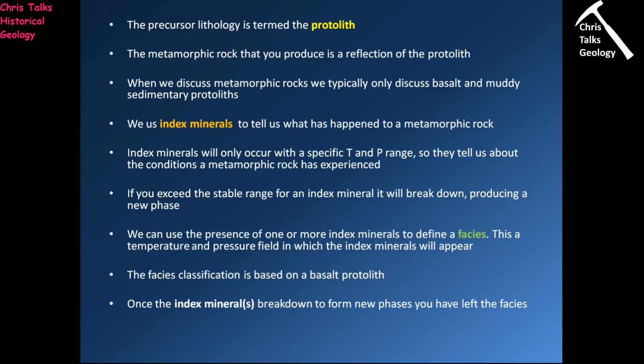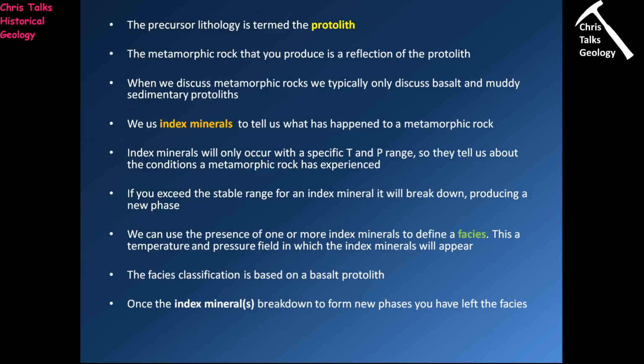On the other hand, something like kyanite, for instance, which is a lovely index mineral, is only present under very certain conditions. In the case of kyanite, you need very, very high pressures but low temperatures. And so as soon as you see kyanite, you know the conditions to which your metamorphic rock has been exposed.